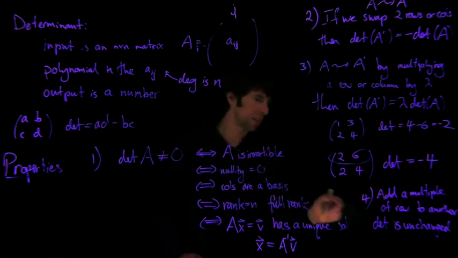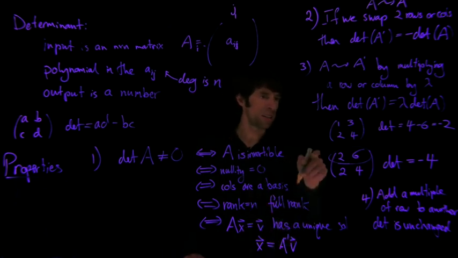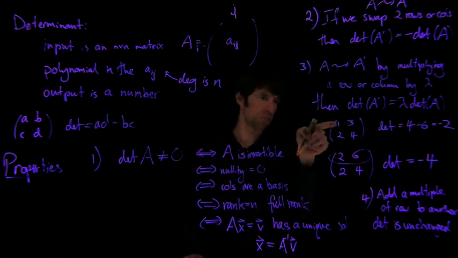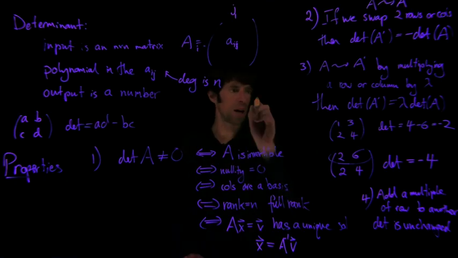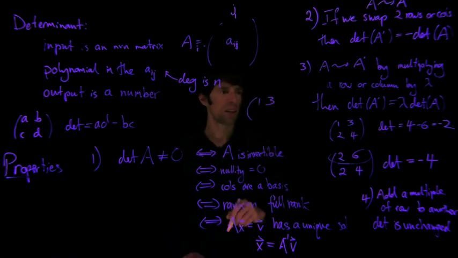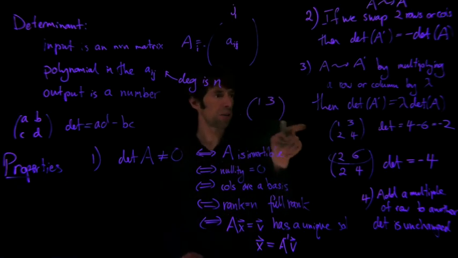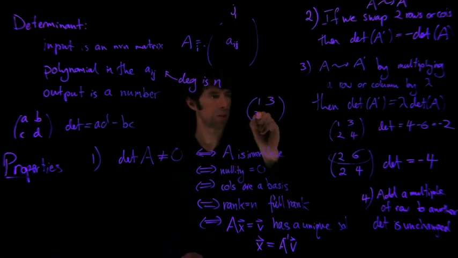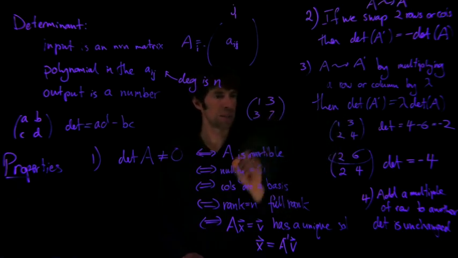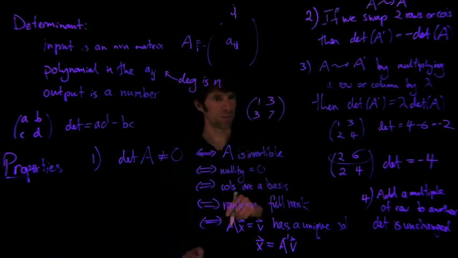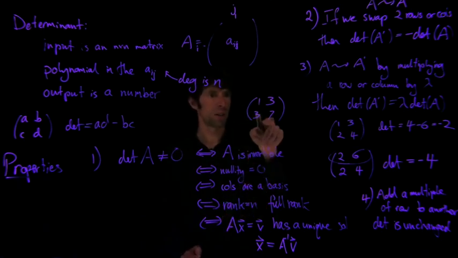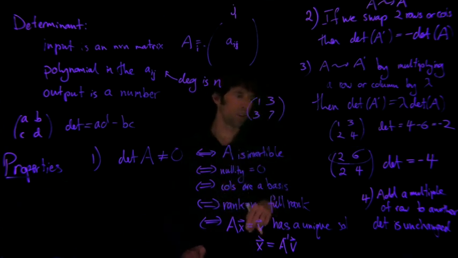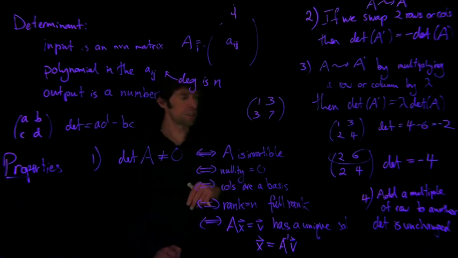So in this case, what I mean by adding a multiple is I could take the second row here and add to it, say, 1 times the first row. So I'd be looking at the matrix 1, 3. And in the second row, I'd have 2 plus 1, I'd have a 3. And 4 plus 3, I'd have a 7. And the determinant of this should be exactly the same, minus 2. So let's check. 1 times 7 minus 3 times 3, 7 minus 9 is indeed minus 2. Okay, so adding a multiple of one row to another doesn't change the determinant.